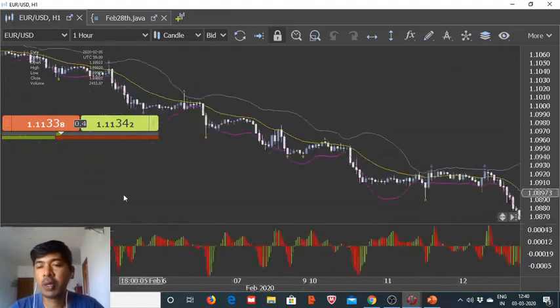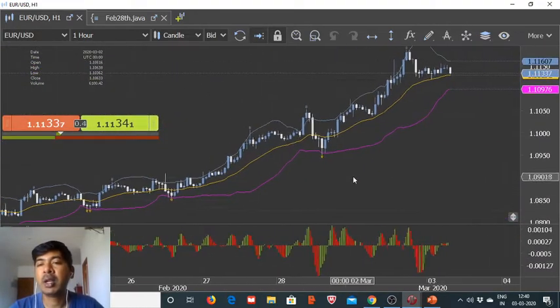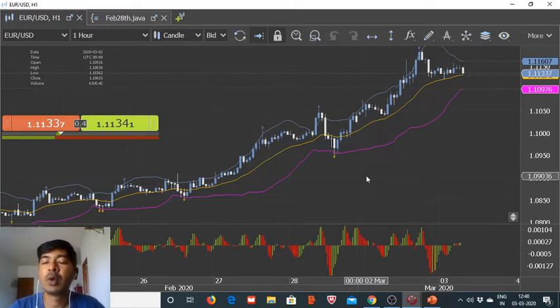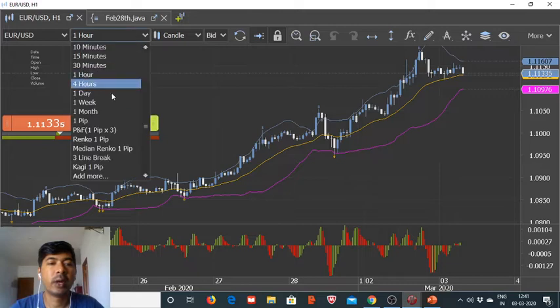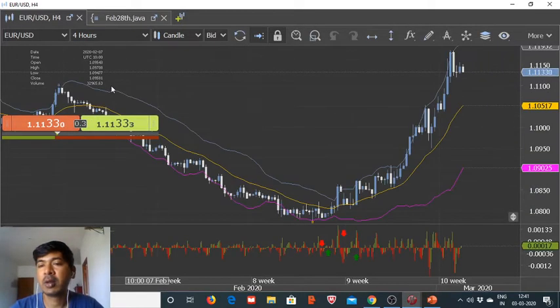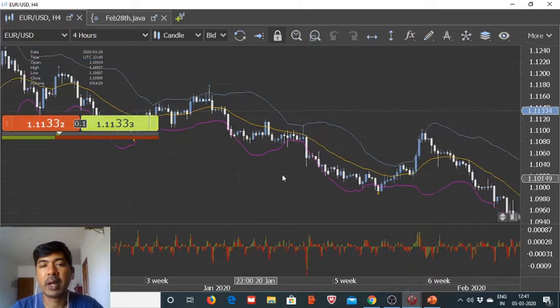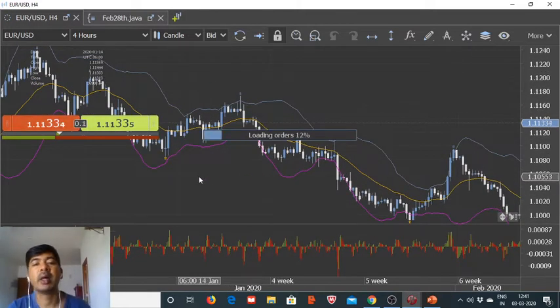So what we can do is we try to put in an additional layer of the 4 hourly time frame, and let me show you. I think there is a further trend on the back of all this volatility, which will give us a better idea if the trend has changed on the larger time frame like 4 hourly.